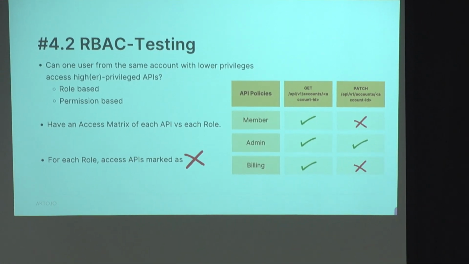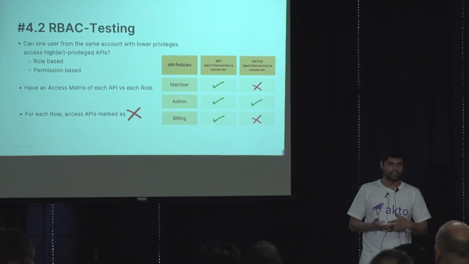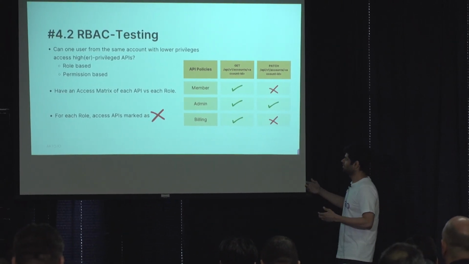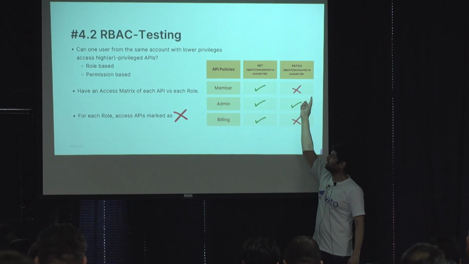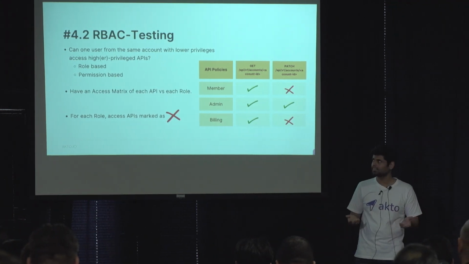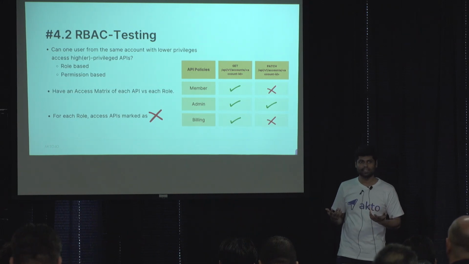So there are a lot of roles in that application, and this is where things become interesting, because what you have to do is define each role and define all the functionalities. For example, the first functionality over here is to simply get account details. The second functionality is to modify account details.